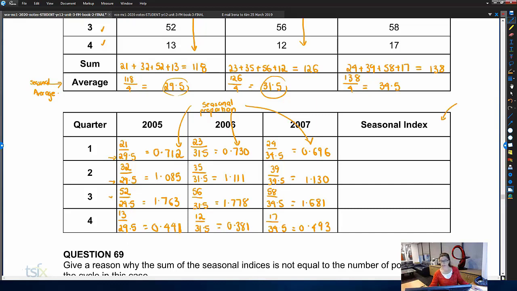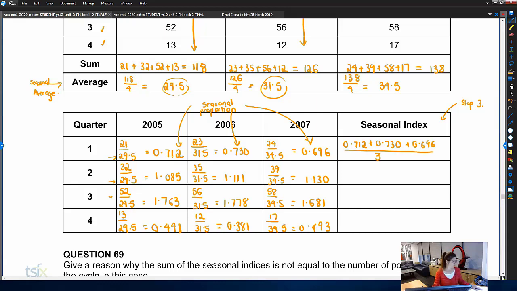Step 3 is calculating our seasonal index. We're going to take all of our entries in the top row, 0.712, 0.730. So you take the seasonal proportion for each cycle. We have 3 cycles to consider.